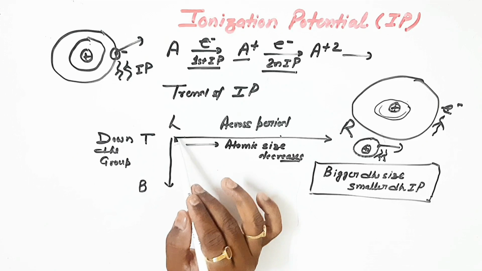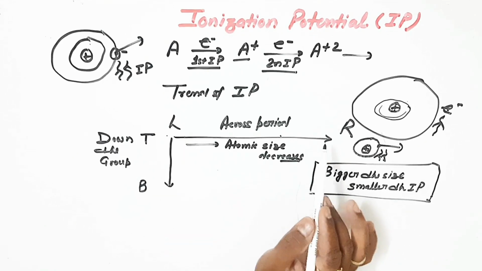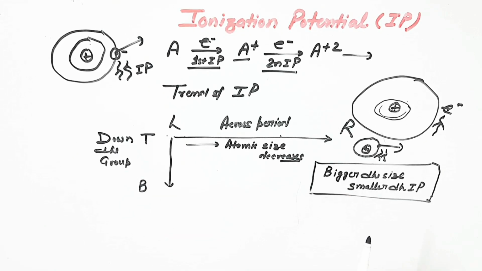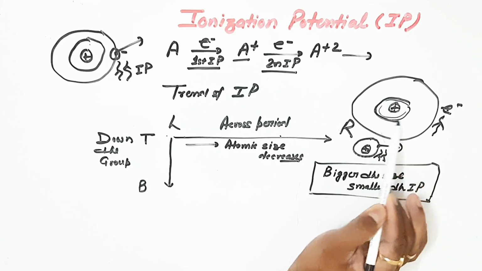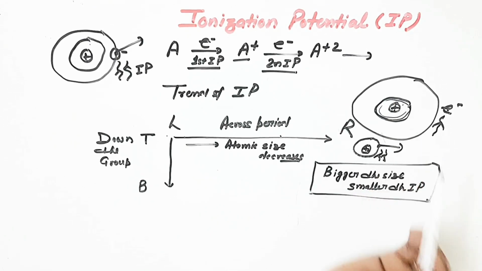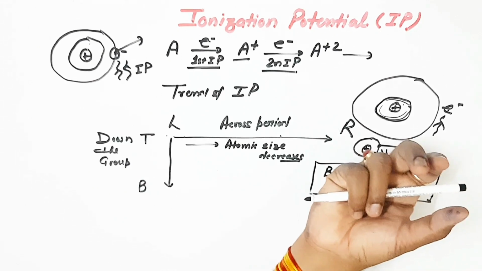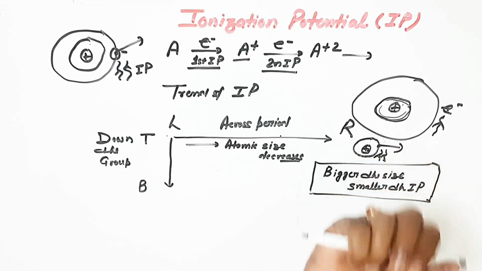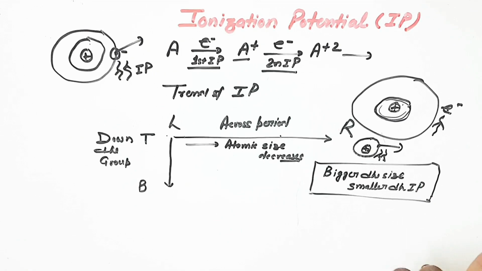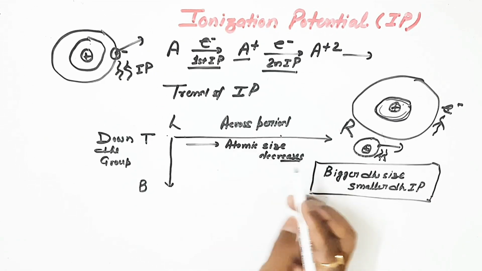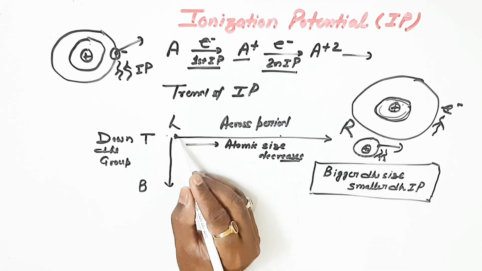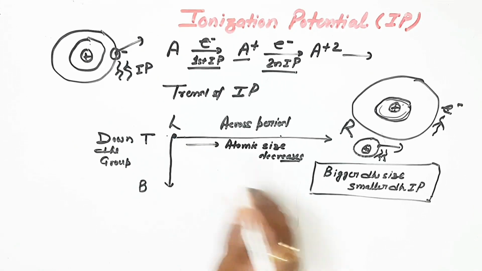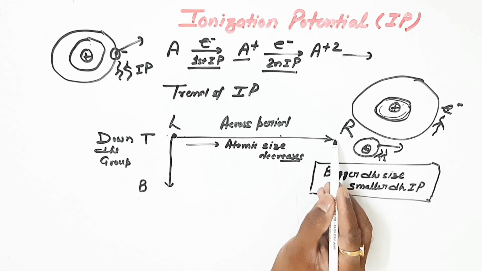In a row, no new shells are added, only electrons are filled in the same shell. So the radius will not increase and the nuclear charge is increasing continuously. So due to higher nuclear charge and non-addition of any new shell, the nucleus pull on the electrons is more. So it will contract the atom. So atomic size decreases, meaning on the left hand side you will get the biggest atom and on the right hand side you will get the smallest atom.